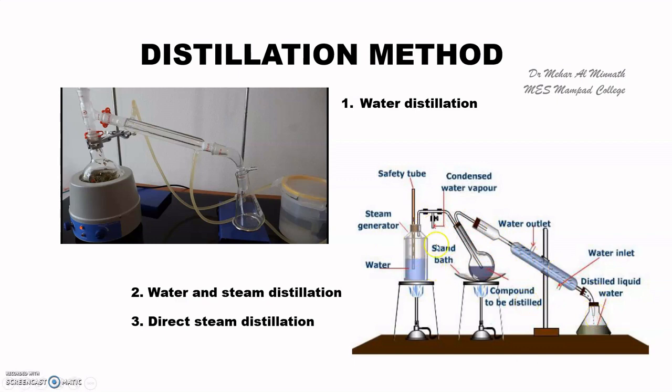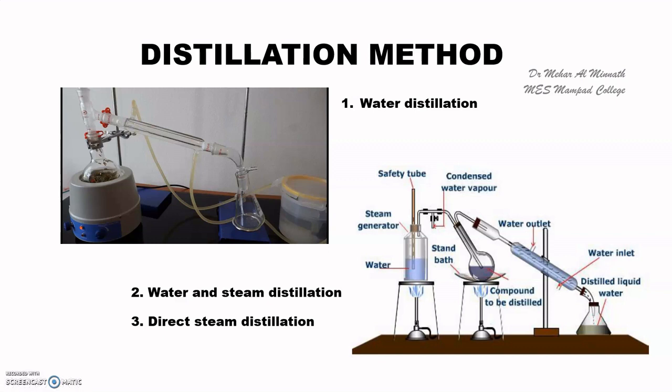Now, if you're not using a satellite generator, what you do is, the way you have done for water and steam distillation, take the plant material in a perforated grid and place it above the boiling water, if you don't have a satellite steam generator.